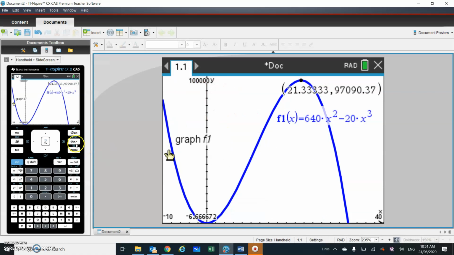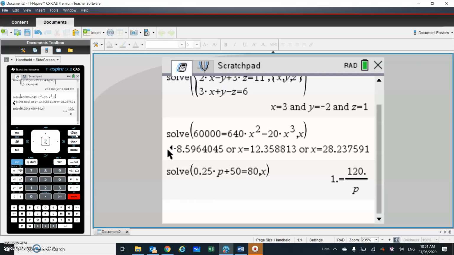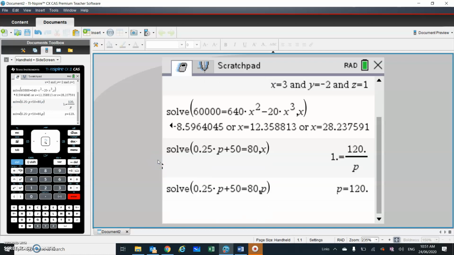We go to calculate, type in solve, 0.25P plus 50 equals 80, comma x, and that won't work, of course, because I made a big mistake and put comma x instead of comma P. Key mistake. Okay, let me just copy that again. One variable being P.